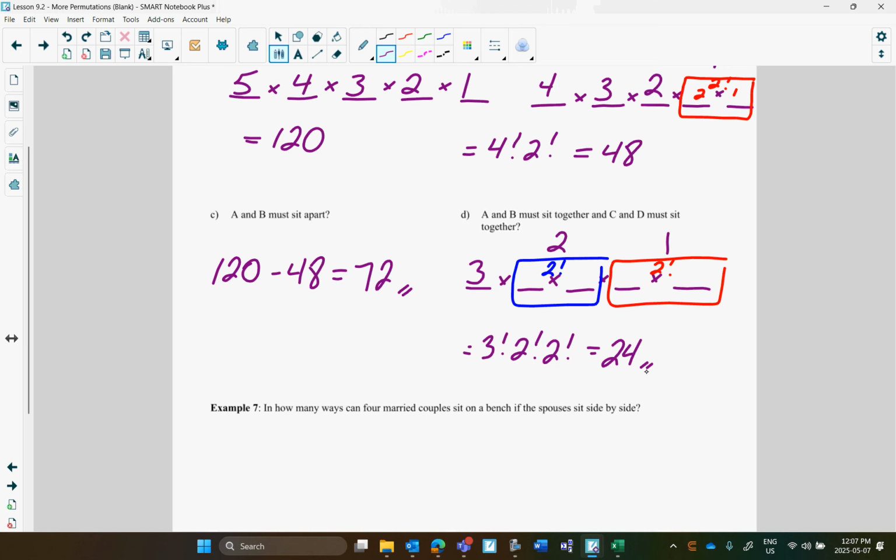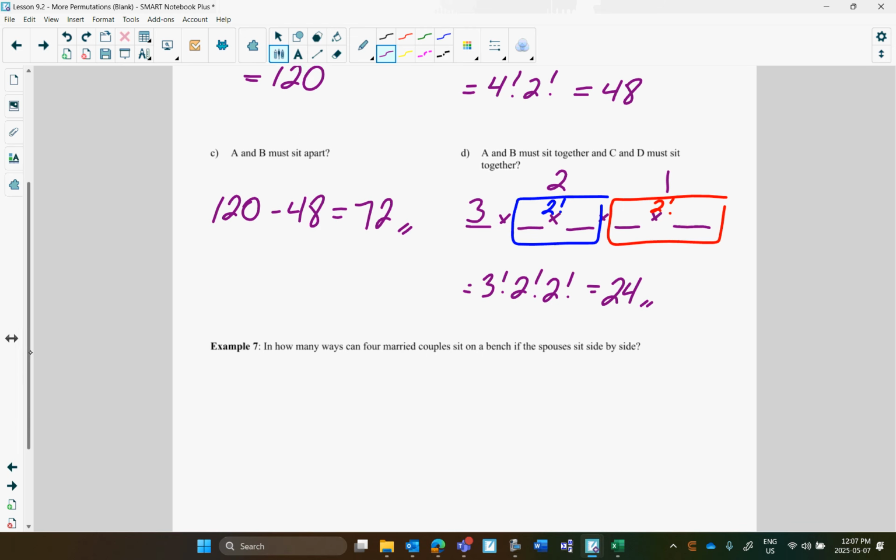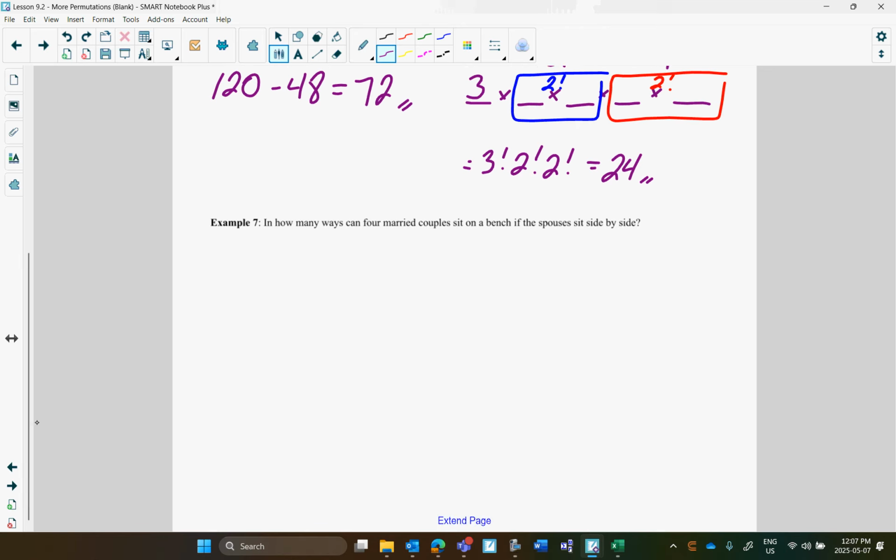So that's kind of another permutation problem, where certain objects have to be beside each other. Usually it's people. Let's do one more like that. We've got 4 married couples. They sit on a bench. Obviously, it's a bench big enough for 8 people because it's 4 couples. But the spouses insist on sitting side by side. Well, there's 8 positions.